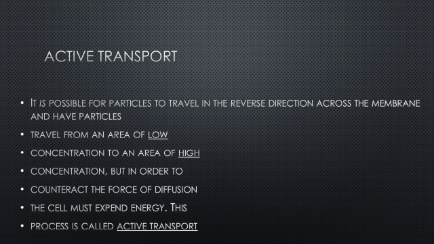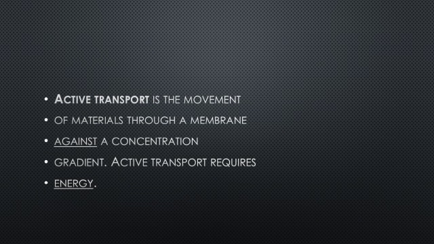But in order to counteract the force of diffusion, the cell must expend energy. This process is called active transport. It means molecules move against the concentration gradient, from lower to higher. So we can define active transport as the movement of materials through a membrane against a concentration gradient. Active transport requires energy.